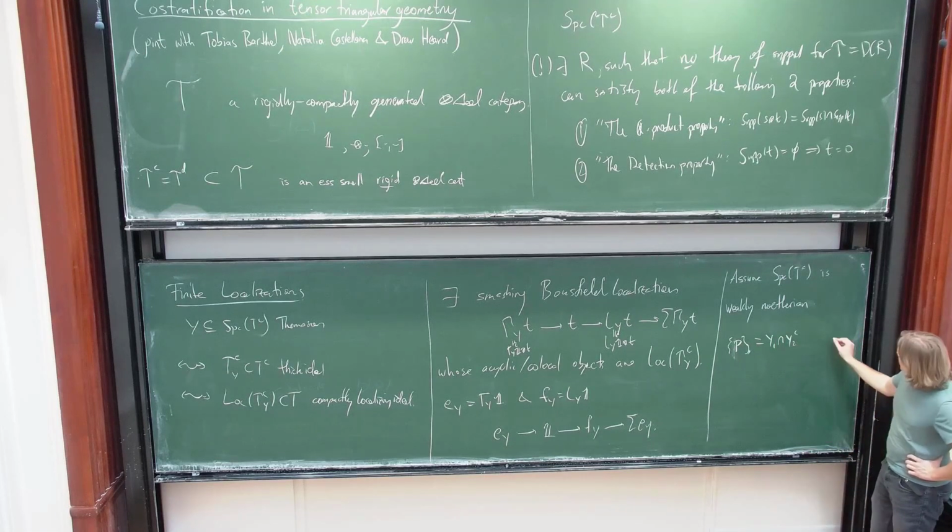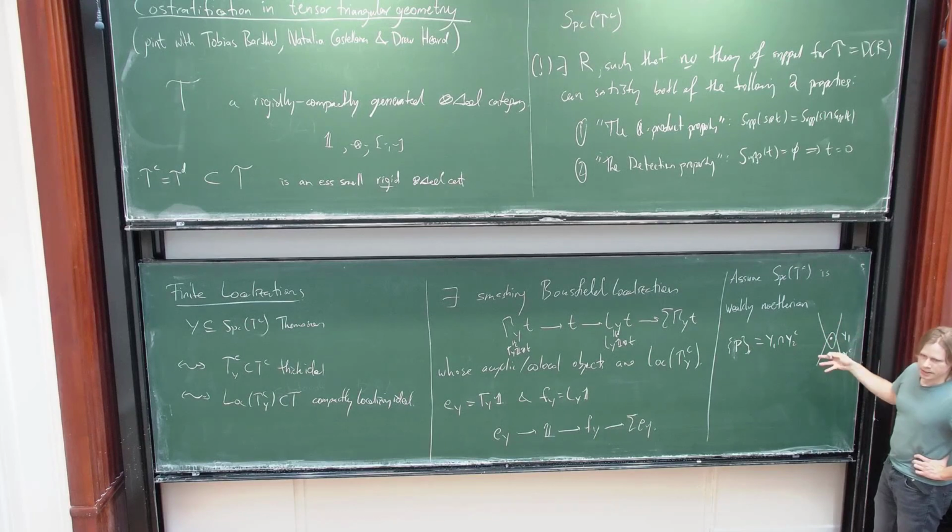So in other words, you have your point P, you can find a Thomason subset Y1 and a Thomason subset Y2 such that you can kind of isolate that point using them.